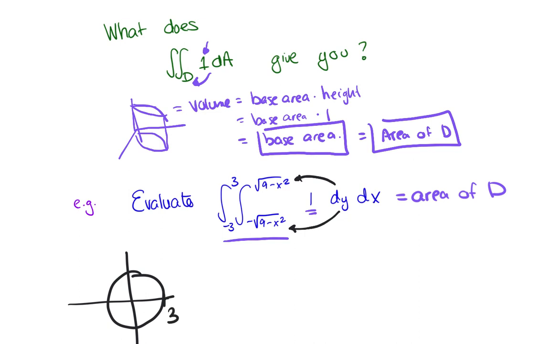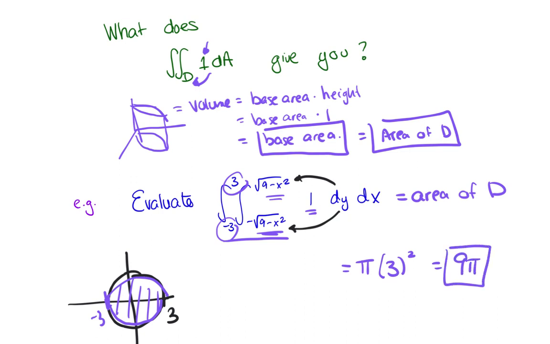I do have both the negative y's and the positive y's. And I've got the negative x's and the positive x's. So I'm going to get the entire circle here. This just gives me the area of that circle. But the area of a circle is just pi times the radius squared. So I don't even need to do out that integral because I can just recognize that it's an area.